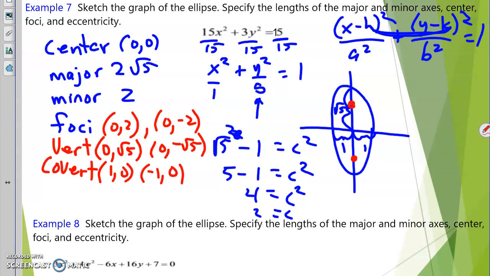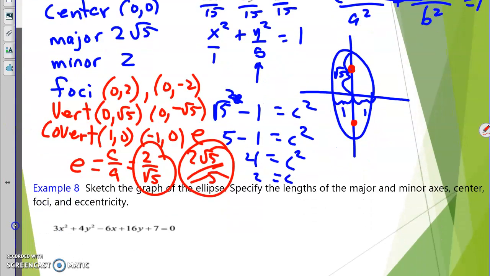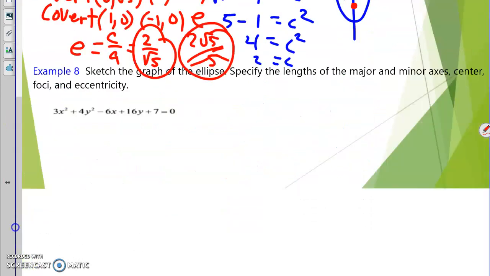I think all that we have left to find is the eccentricity, and we know that that's C over A. We found C to be 2, and A to be the square root of 5, so if we rationalize that, we get 2 root 5 over 5 as my eccentricity. All right, let's see if we can get to this bottom example.